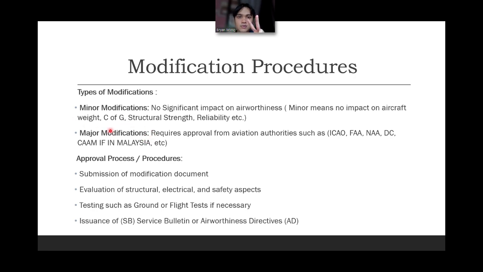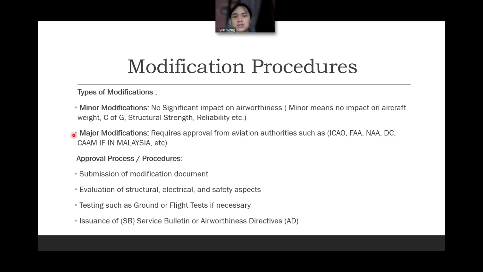First let me explain minor modifications. What is minor modification? As it states here, it has no significant impact on the airworthiness. Minor means no impact on aircraft weight, C of G, center of gravity, structural strength, and reliability. So that is minor modification.